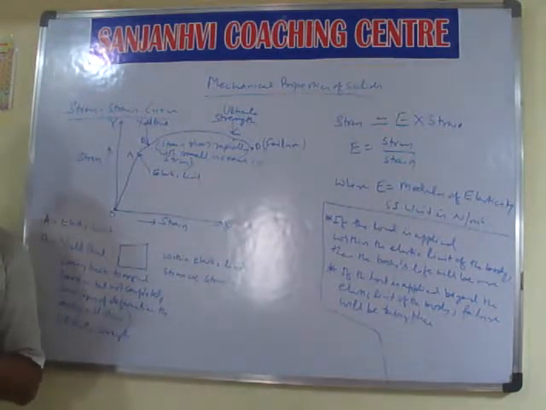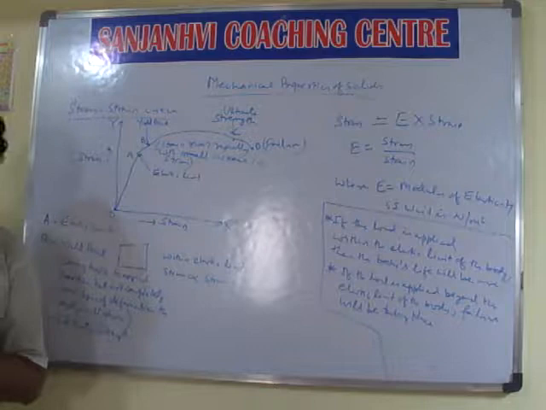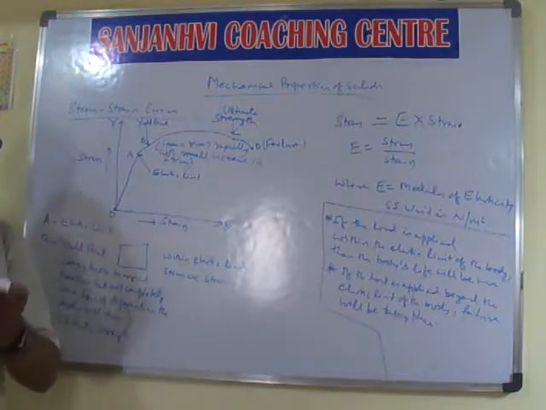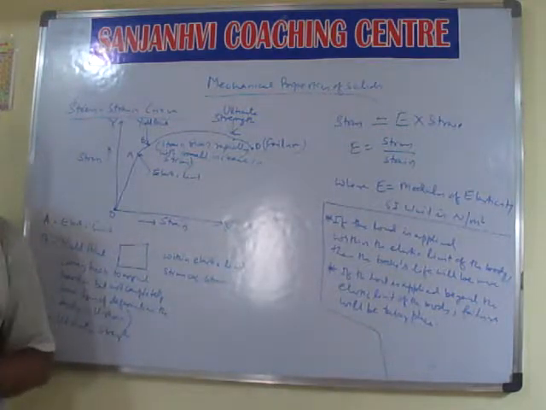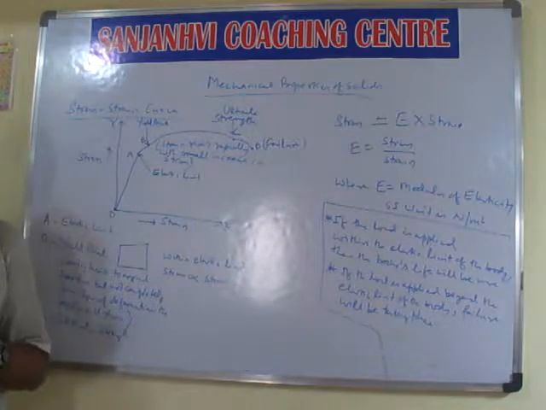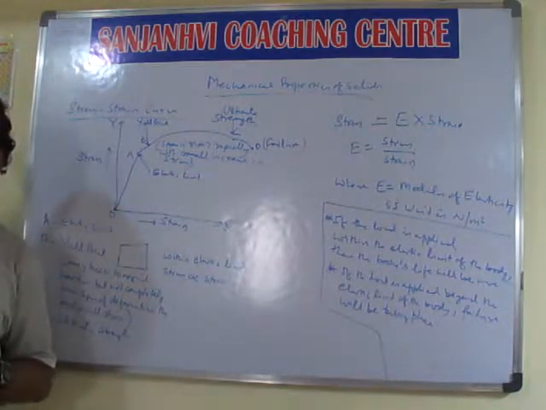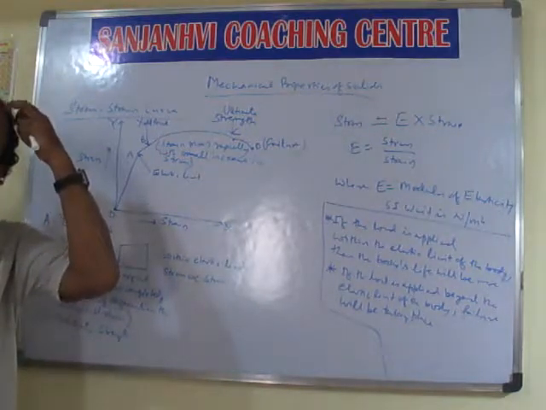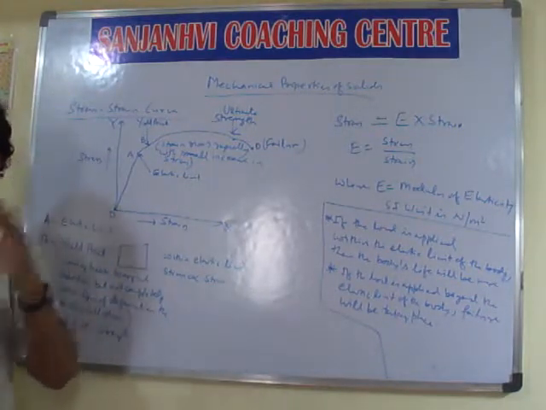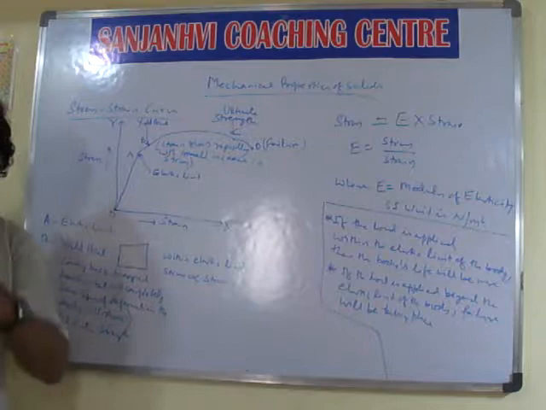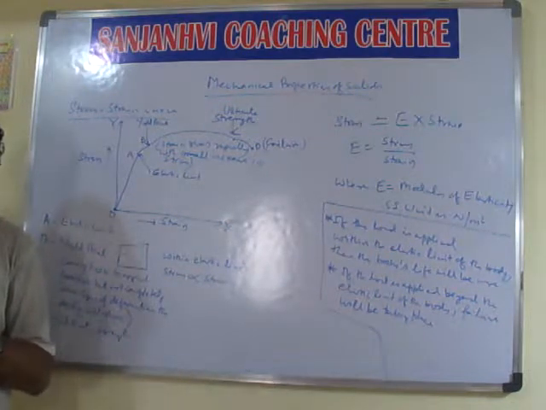Slowly as the time passes, the body will start developing some type of strain. That's why the structure which is some 20 years old or 50 years old, 100 years old, is getting collapsed.